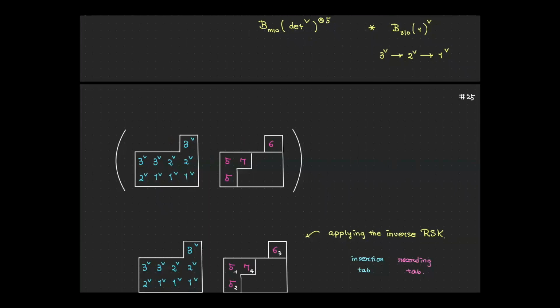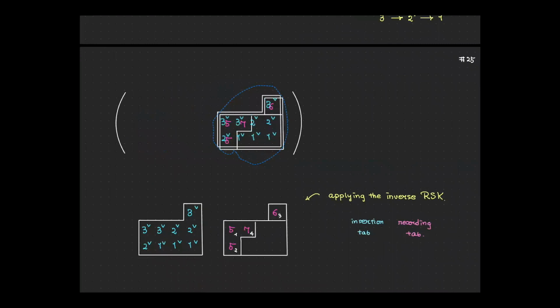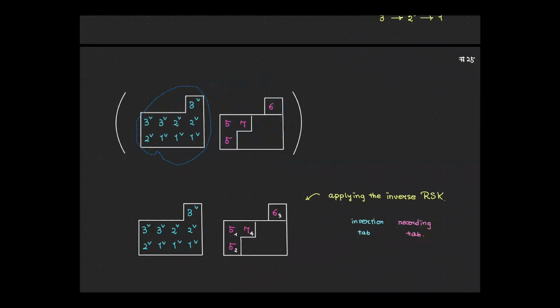In this case, we see that they are both skew shaped, but they share the same inner shapes. But the outer shapes are different. If we overlap these two tableaux, they have the same inner shape and share the common outer shape.